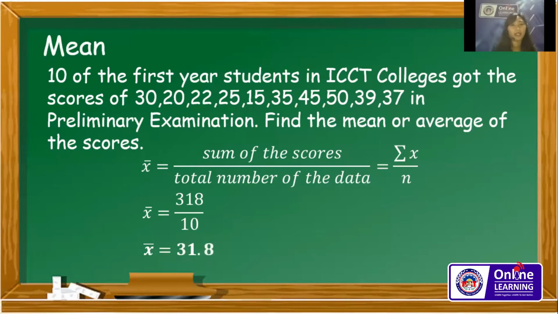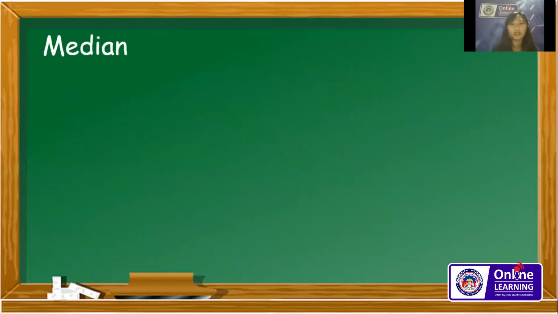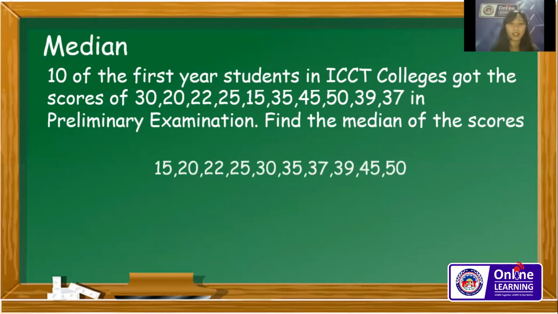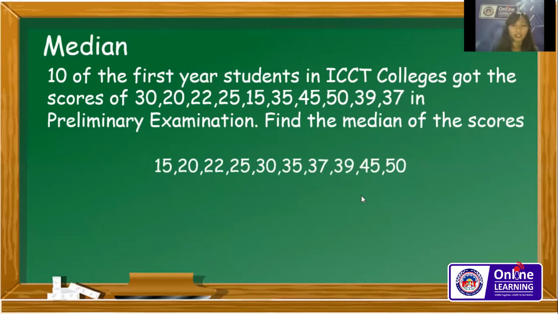How about the median? If we are getting the median, we have to arrange the data from least to greatest, or from the lowest data to the highest data. So arranged, it is 15, 20, 22, 25, 30, 35, 37, 39, 45, and 50.